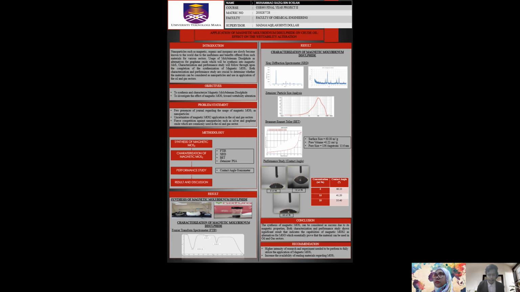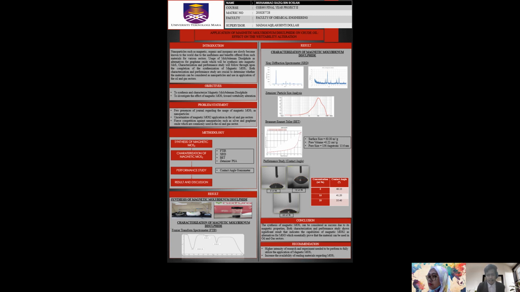After I finish synthesizing the samples, the samples will undergo four different characterizations, which will be FTIR, XRD, BET, and particle size analysis. All the characterizations are needed and crucial in order to determine that my samples can be considered as nanoparticles.